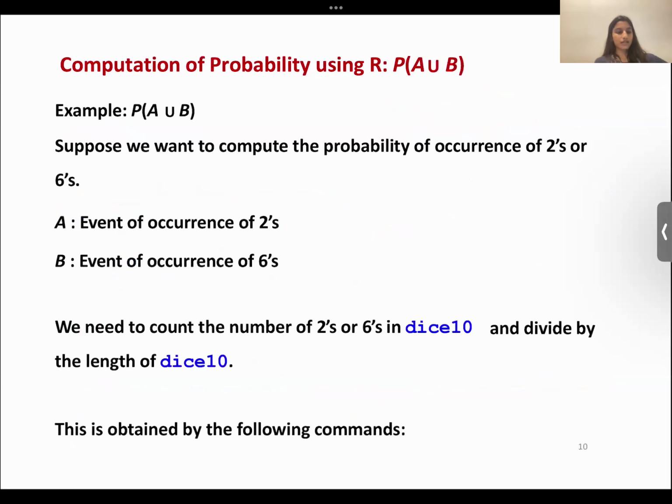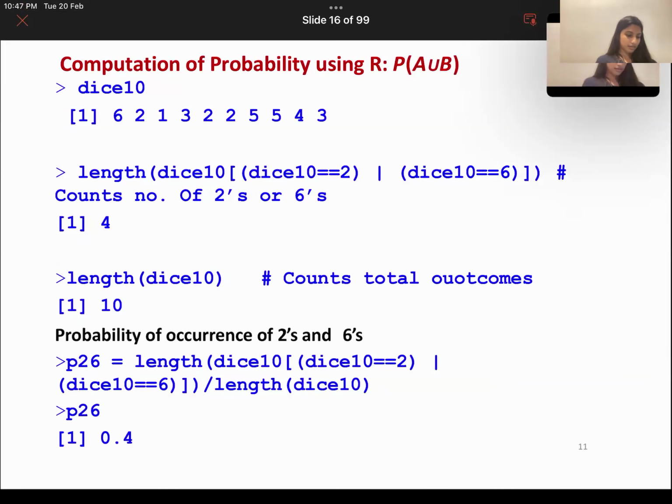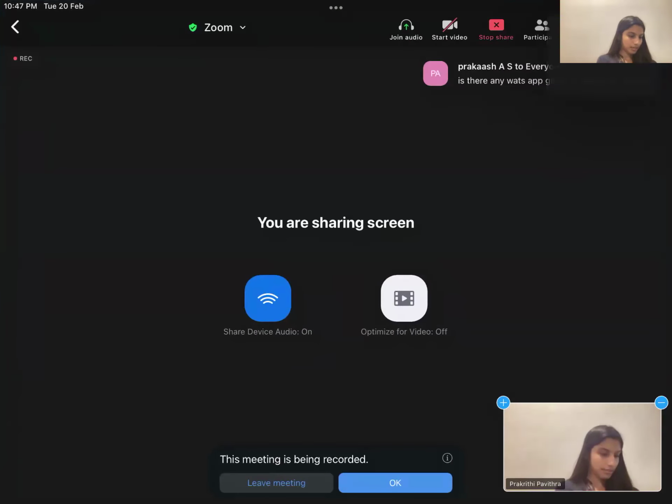I could demonstrate this in R if that makes it better. Let me just reshare my screen.